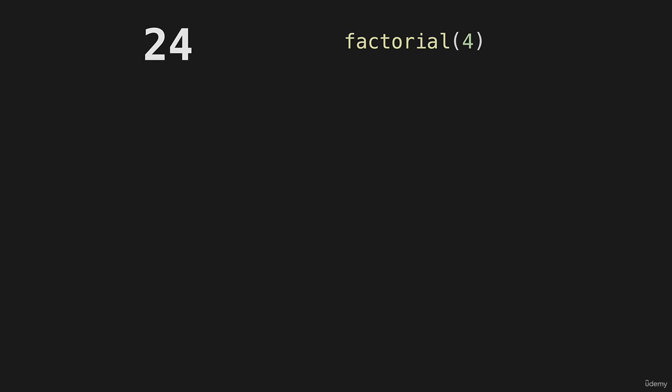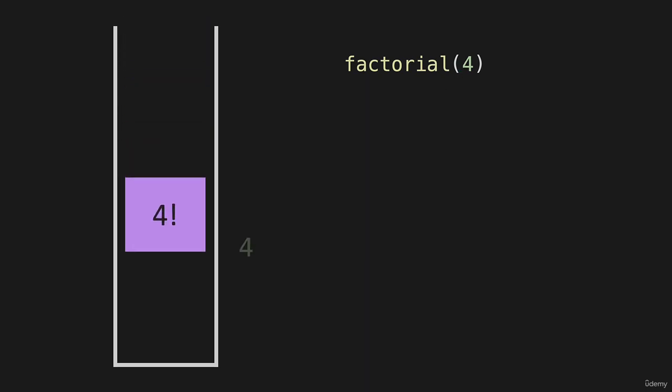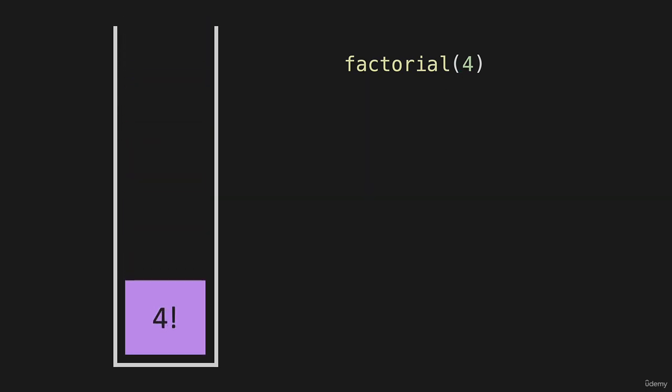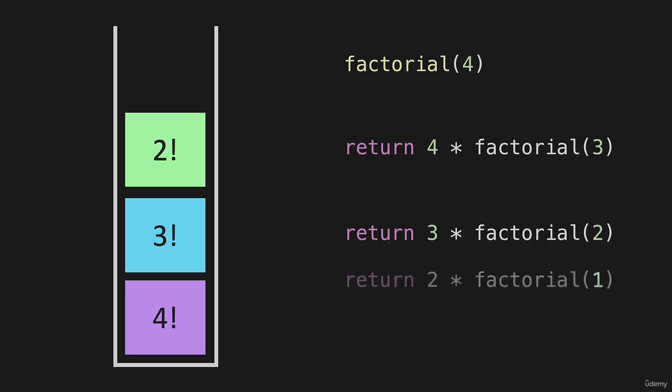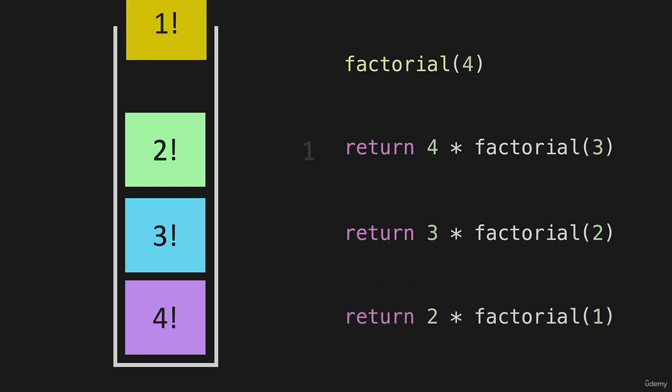And now let's look at this yet another way with our call stack. We start out with factorial 4. That goes onto the call stack first. Then factorial 3 gets pushed onto the call stack. And then 2 gets pushed onto the call stack. And then 1 gets pushed onto the call stack like this.